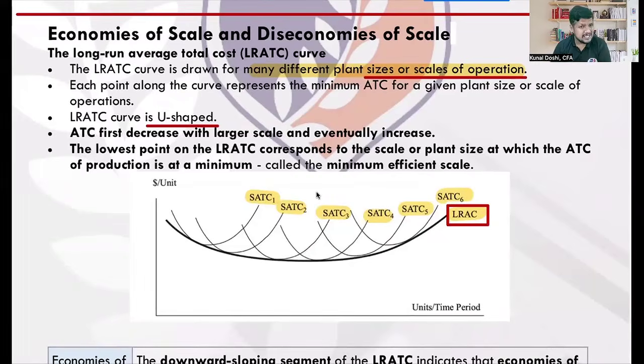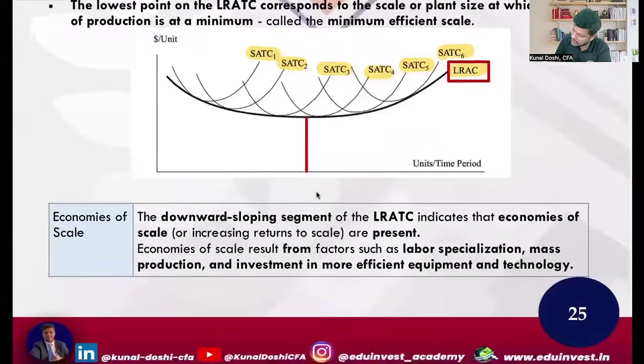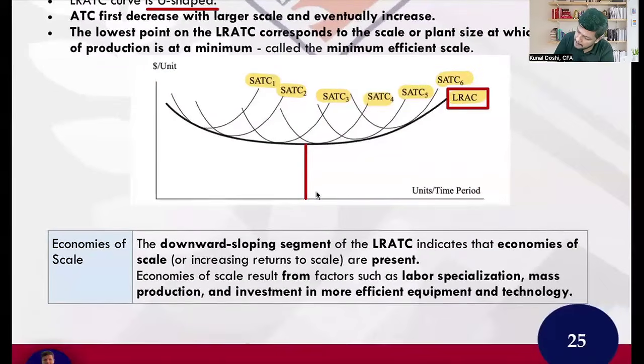Now, what is unique about this? The point where the ATC is minimum is called minimum efficient scale. Everyone in the class, it is called minimum efficient scale.